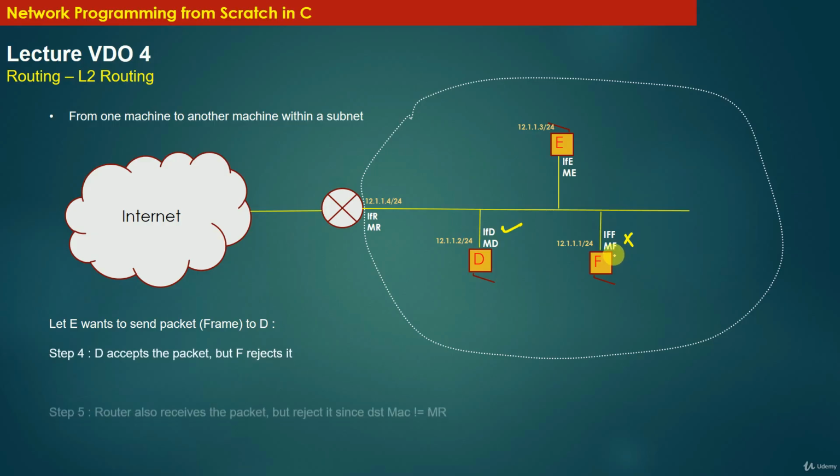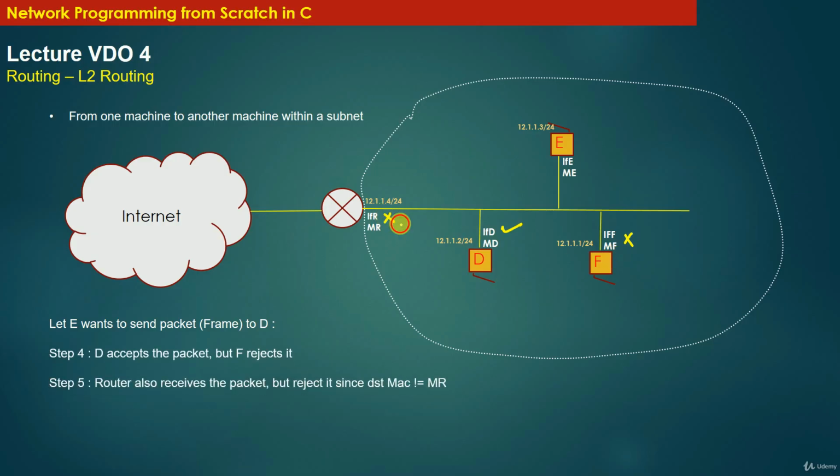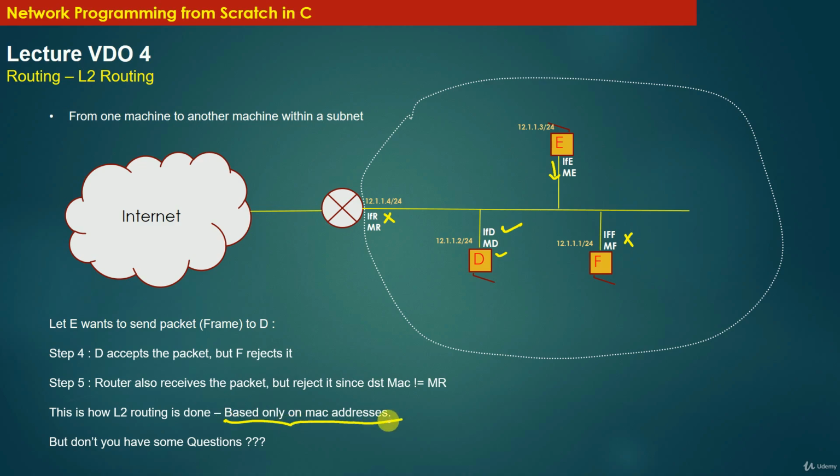Similarly, the L3 router also rejects the packet. So the packet placed by machine E on the wire, destined to machine D, is eventually received and processed by machine D. This is how L2 routing is done, and you can observe that the packet is delivered to the correct intended destination based on MAC addresses only.